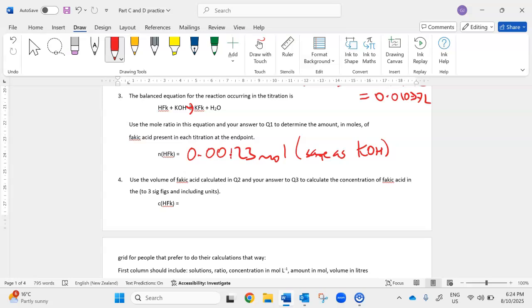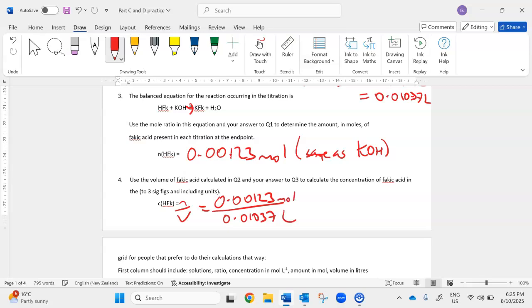Use the volume of phosphoric acid calculated and your answer to question 3 to calculate the concentration of phosphoric acid. So C equals N over V, which is 0.00123 over 0.01037.